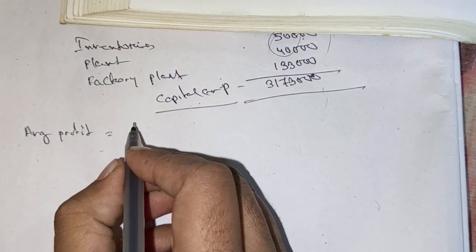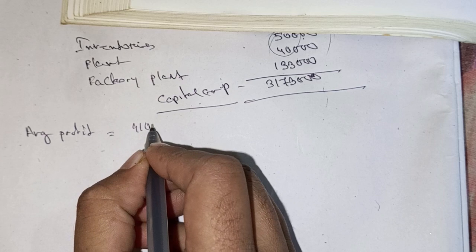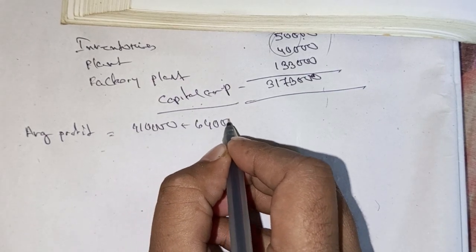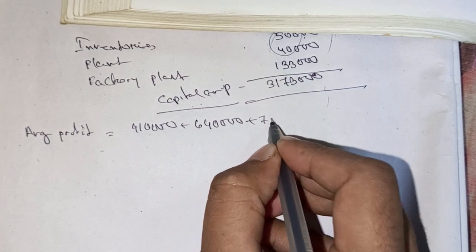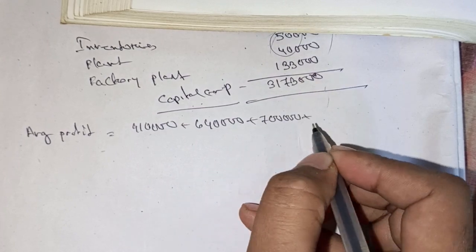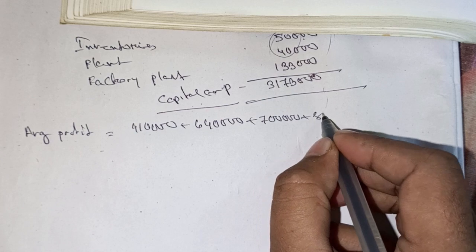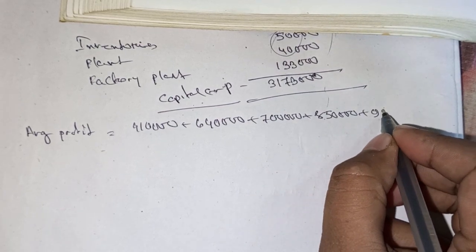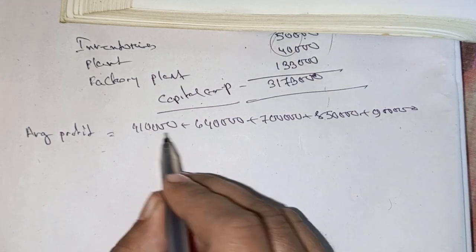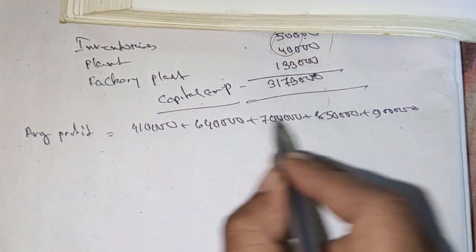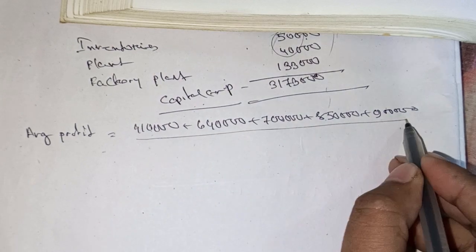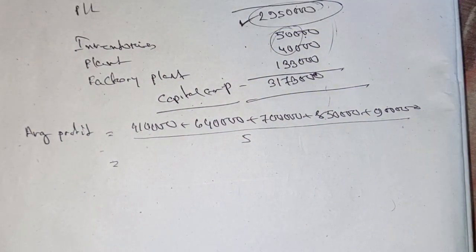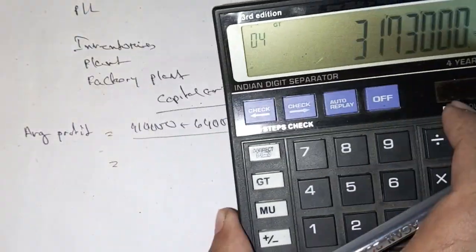Now 4 lakh 10,000 plus 6 lakh 40,000 plus 7 lakh, then 8 lakh 50,000 and 9 lakh. 5 years' profit is given, so I'll divide it by 5. Tell me what will be the answer, our average profit.